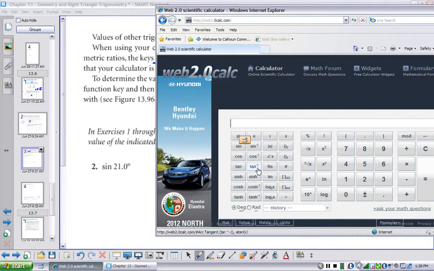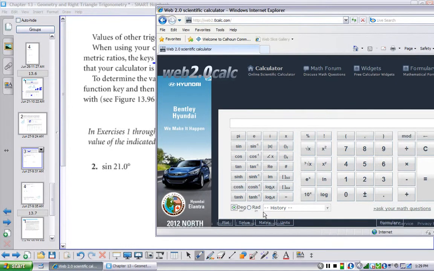So we have the inverse of tangent, which is arctangent, the inverse of sine, which is arcsine. Now these other buttons down here represent sinh, the hyperbolic sine and the inverse of hyperbolic sine, but you don't need to know those for this class. Again, make sure that you have your calculator in degree mode and not radian mode.